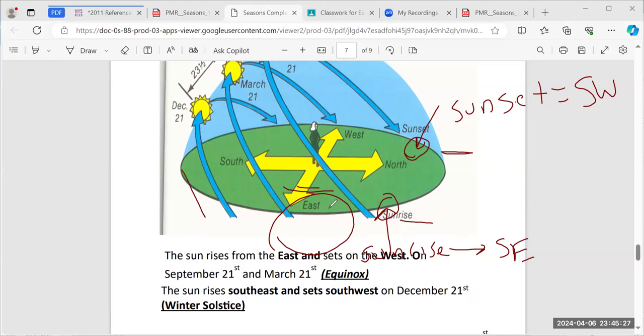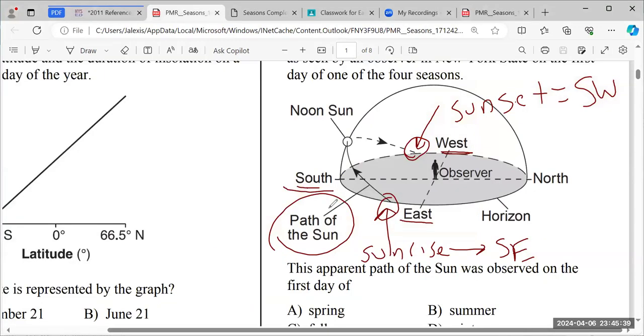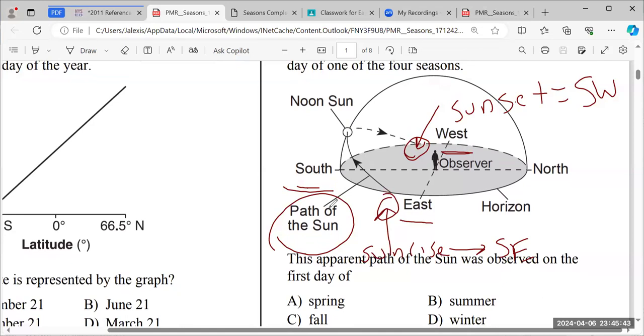Even if you look at this diagram right here, the sun rises southeast, sets between south and west, and it occurs December 21st, the winter solstice. We also know that the winter solstice represents the first day of what? Winter. So the correct answer is winter.